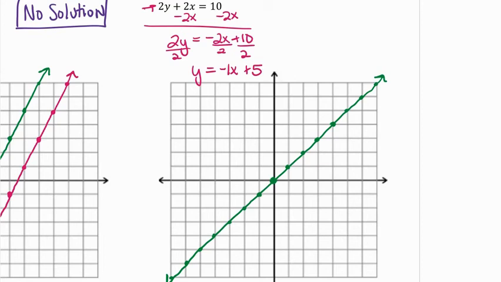So my y-intercept, 2, 3, 4, is at 5. My slope is negative 1 over 1. So I'm going to go down 1, right 1, all the way across. Or I can go up and left. And we'll draw in that line. Try that one more time, maybe. There we go.